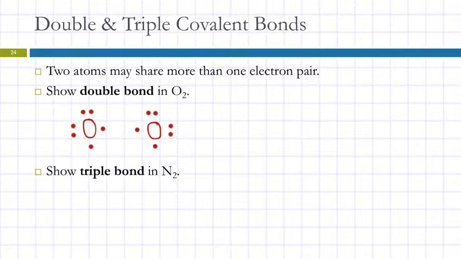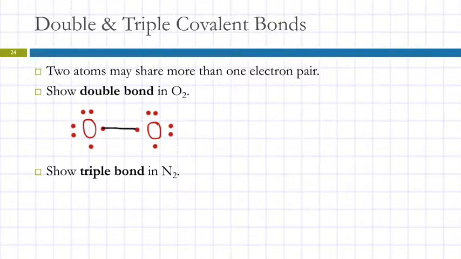Lewis theory says that oxygens are going to share electrons to get an octet of electrons. So if this oxygen shares 1 electron with the other oxygen, now they each have 7, right? We count this for both, 2, 4, 6, 7.